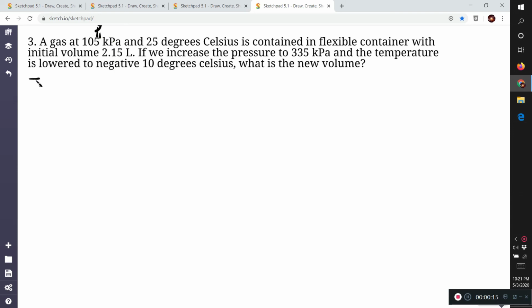So we have to adjust the temperature by adding 273, and that'd be 298 for our temperature there. 298 Kelvin. Remember, all temperatures must be in Kelvin for this to work out. It's contained in a flexible container with an initial volume, we'll call that V1, of 2.15 liters.